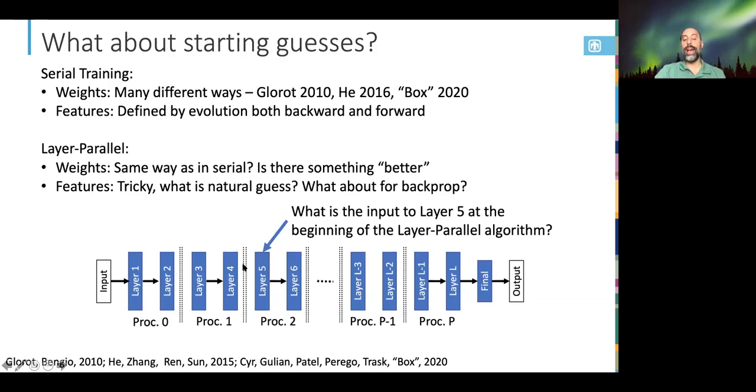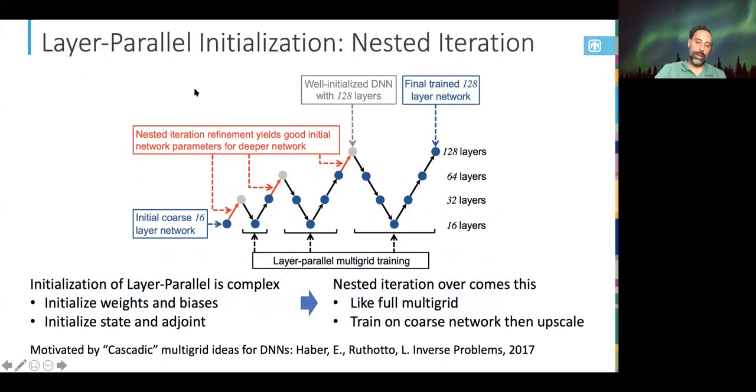However, we might be able to do better if we had a better guess. And so how do we generate that better guess? Well, we're going to focus on a nested iteration multigrid idea, and this is motivated heavily by the cascadic multigrid ideas from Lars and Haber.